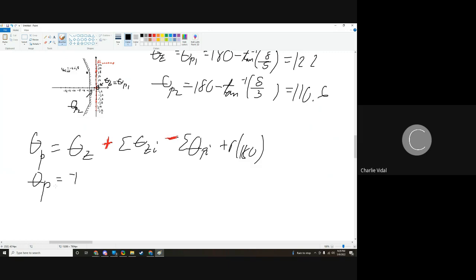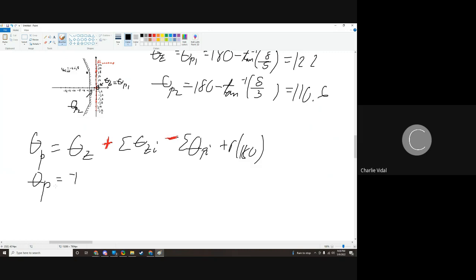So if theta z is negative. Oh, I think I just forgot to put a negative.